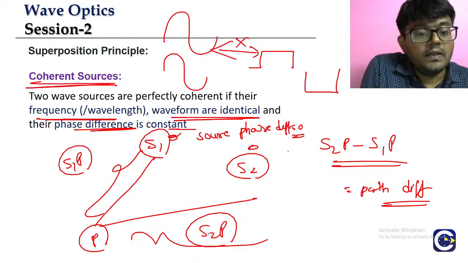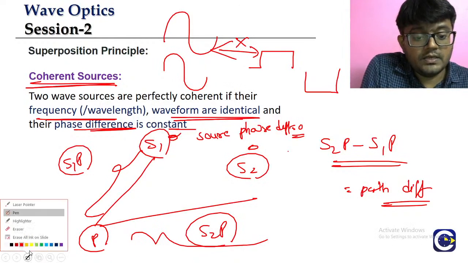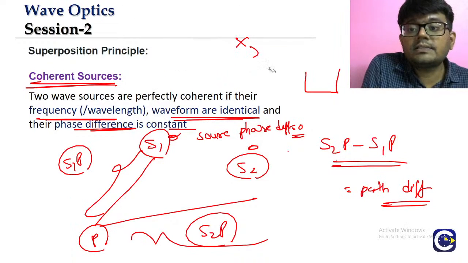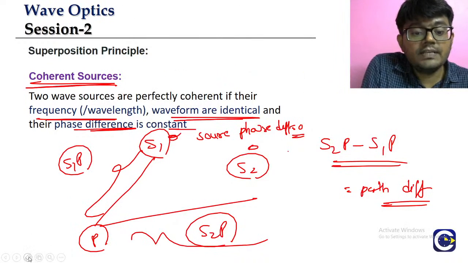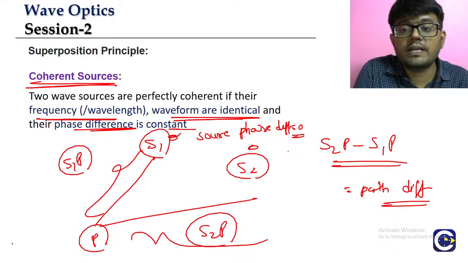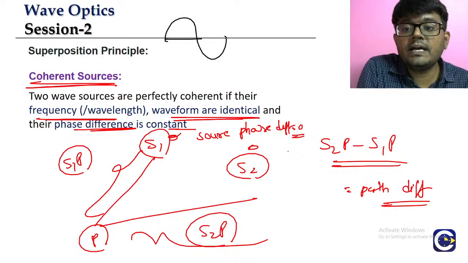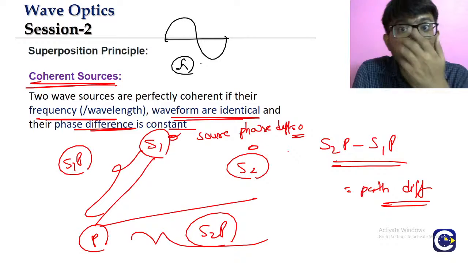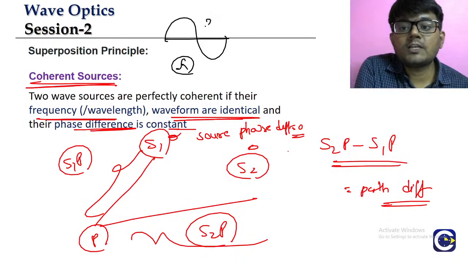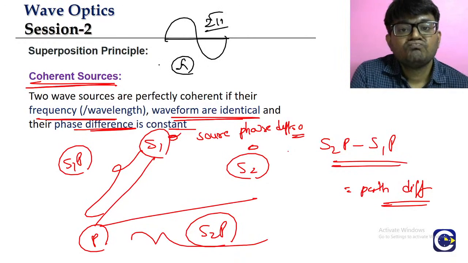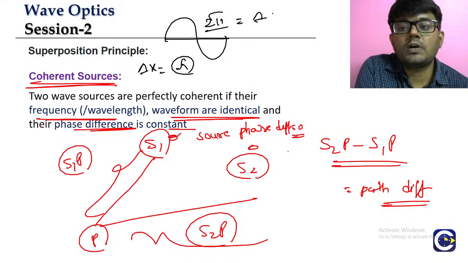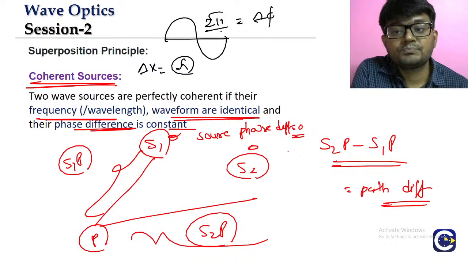Now in Waves Plus One also, we look at this conversion between the phase difference and path difference. Look at this. If you are covering a path difference of lambda, that will correspond to a phase difference of what? 2 pi. Path difference, let us say delta x equal to lambda, will give us a phase difference of how much? 2 pi.